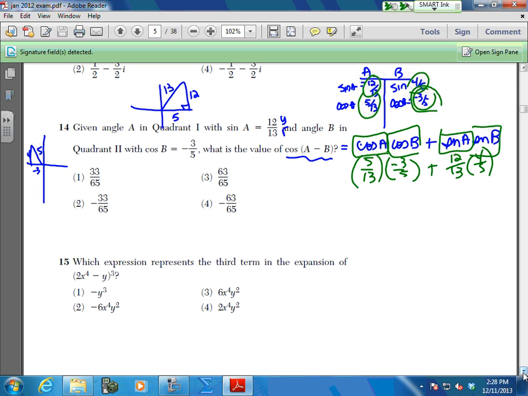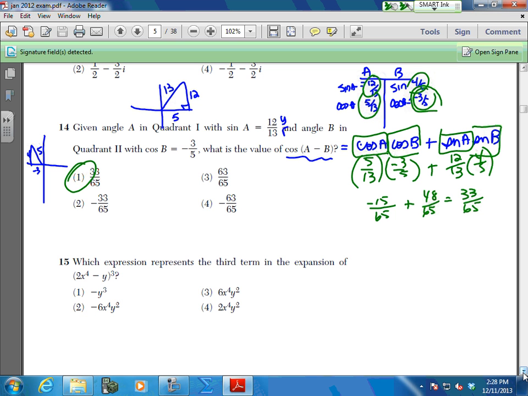Now you could put that in your calculator, flip it back to a fraction, or simply use your rules of multiplication. Multiply the numerators, the denominators, plus the numerators, the denominators, and then combine like terms. And you get 33 over 65, which is this guy.